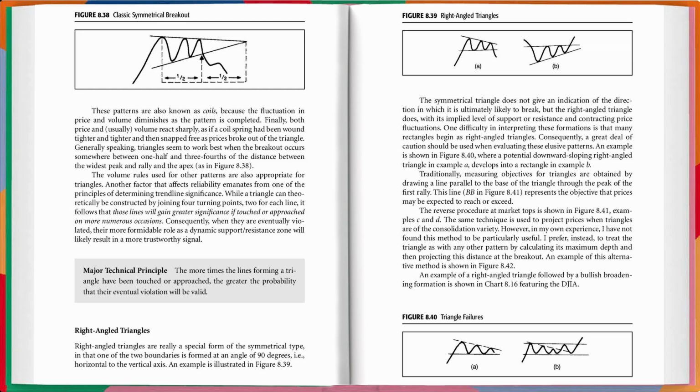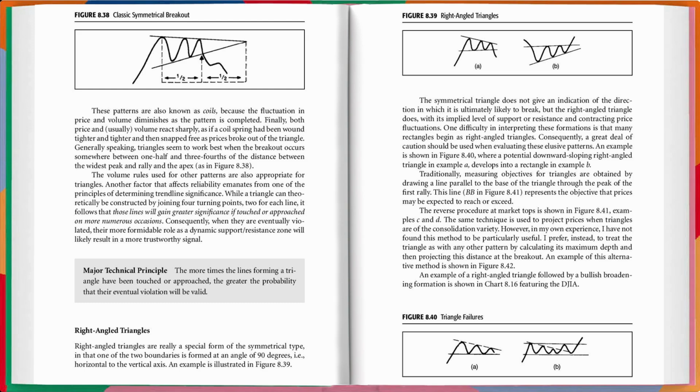Another factor that affects reliability emanates from one of the principles of determining trendline significance. While a triangle can theoretically be constructed by joining 4 turning points, 2 for each line, it follows that those lines will gain greater significance if touched or approached on more numerous occasions.